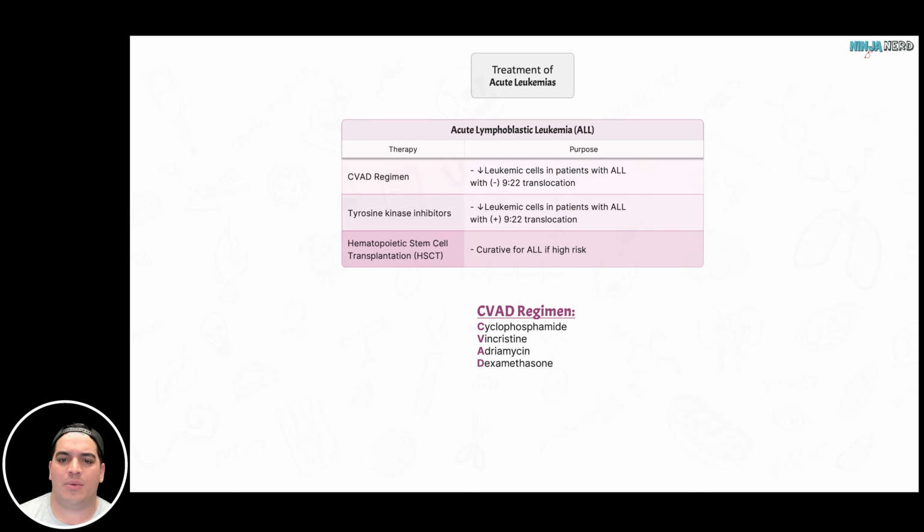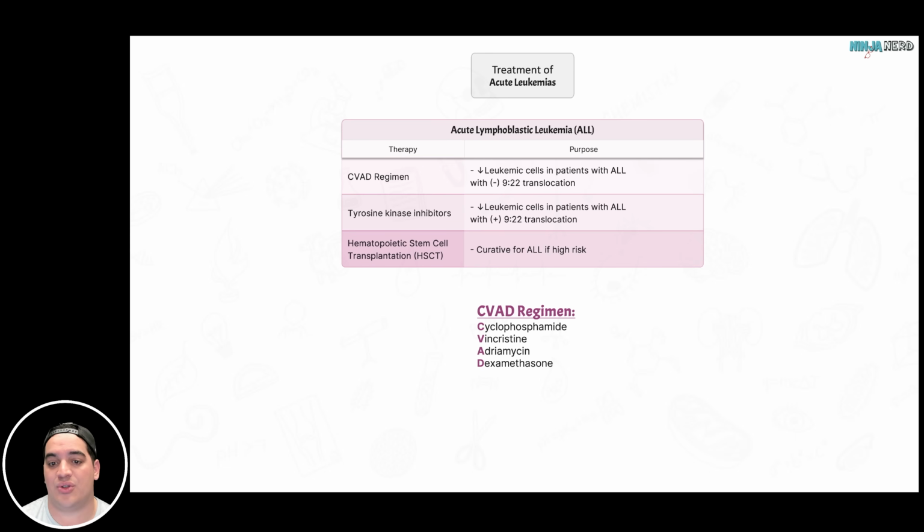Now, obviously, with the disease, you have a hemocytoblast or a myeloid stem cell or a lymphoid stem cell with acute leukemias that are not differentiating and they're just building up. And so what if we replaced a lot of our stem cells, our hemocytoblast or the actual lymphoid stem cells, with normal stem cells?